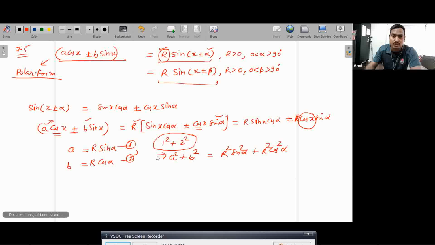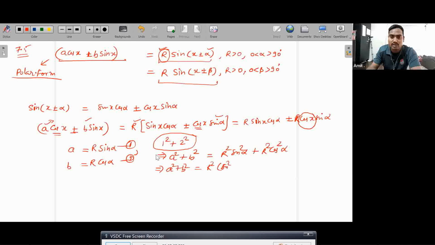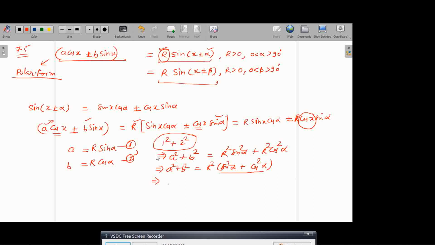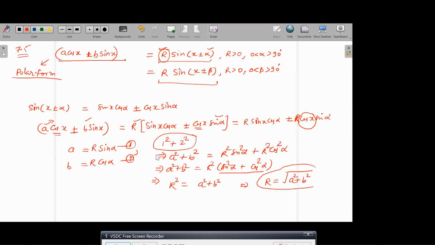We can take r squared as common, so it becomes r squared times (sin squared alpha plus cos squared alpha). Now sin squared alpha plus cos squared alpha is 1. So r squared is equal to a squared plus b squared, or r is equal to the square root of a squared plus b squared. So we found r.